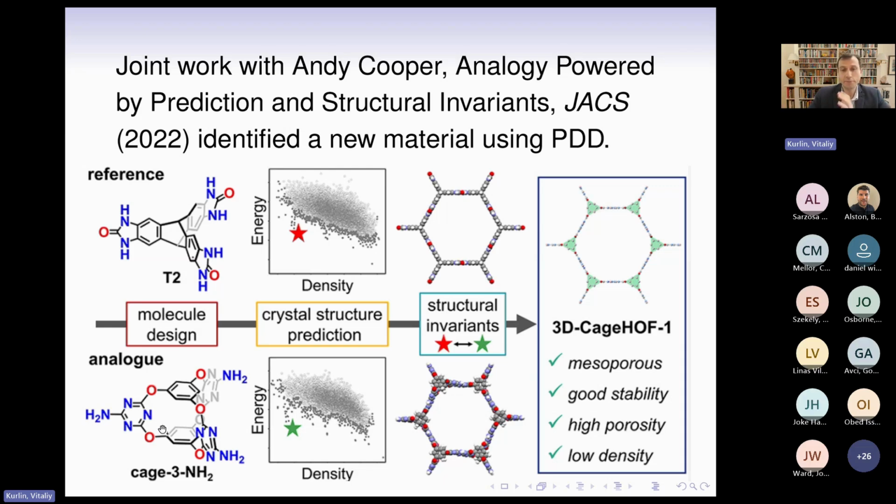But nonetheless, if we consider only molecular centers, then there is a clear visual analogy between packings of these different molecules in real crystals. And this similarity can be captured by our PDD invariant as well. So that's how it predicted the new material from a previously known one.